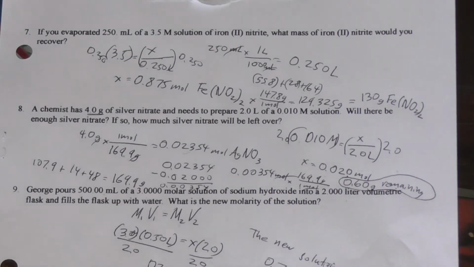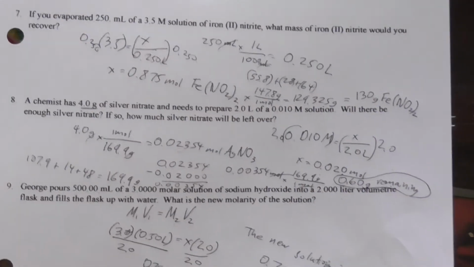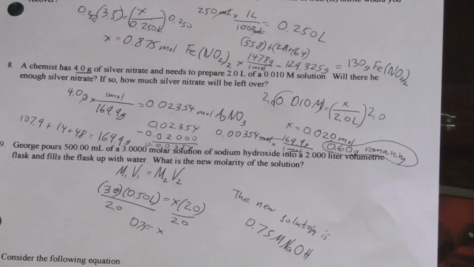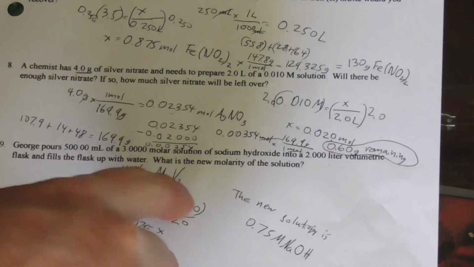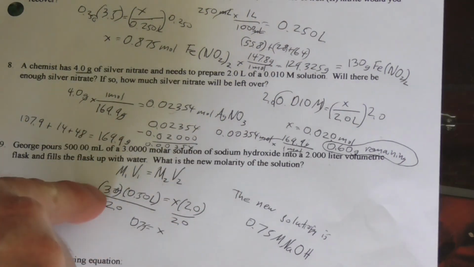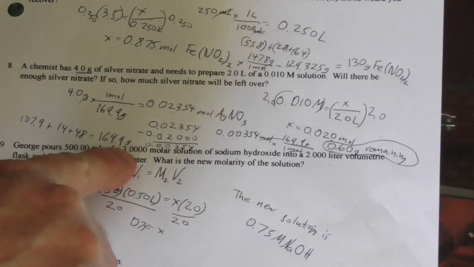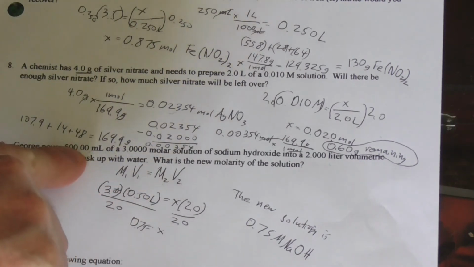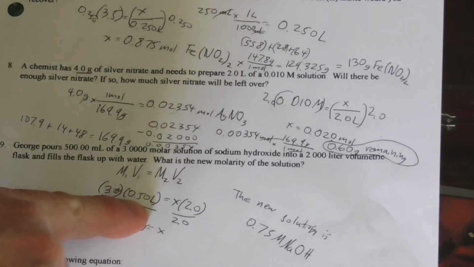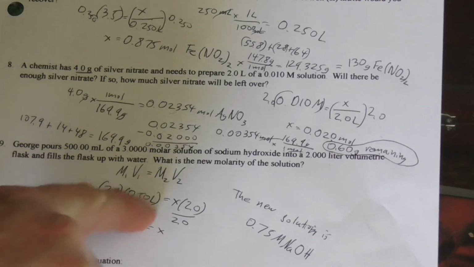And I just realized that I cut that bottom part off a little bit. So hopefully now you'll be able to see what I did. M1V1 equals M2V2. I explained that. So my M1 is my 3 molar. My 500 milliliters turns into 0.5 liters.